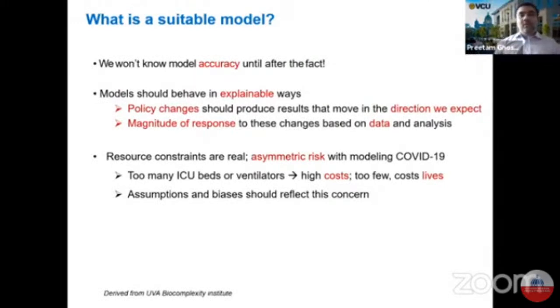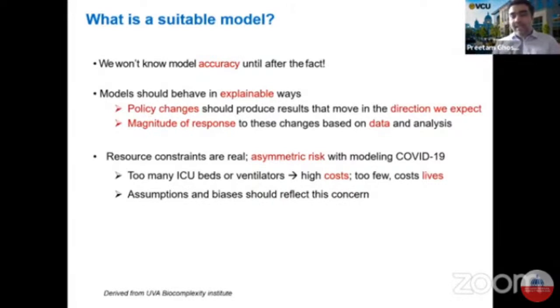Model accuracy is only known after the fact. If you're making epidemic spread models, you will only know how accurate your model is after that period has passed, whether the peak has been reached or not. Models have to behave in explainable ways, because if you were to make a policy change that, okay, it's time to take off the lockdown, right?